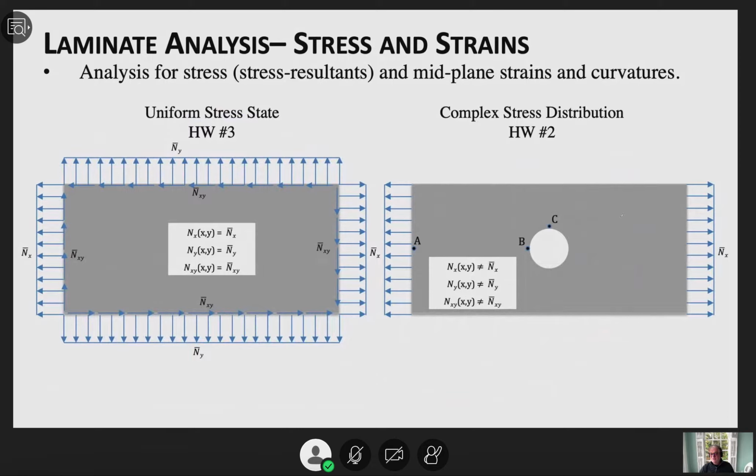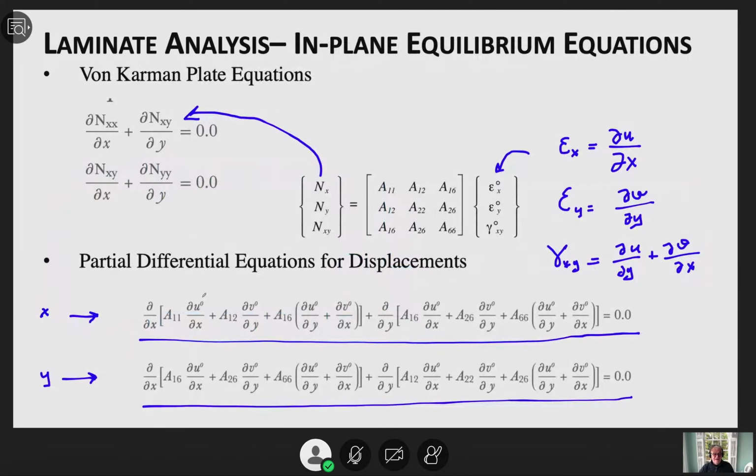And you need to also define your domain and boundary conditions and so on and so forth, so that you can solve out of these two equations u and v displacements of the midplane. There are no other displacement components.